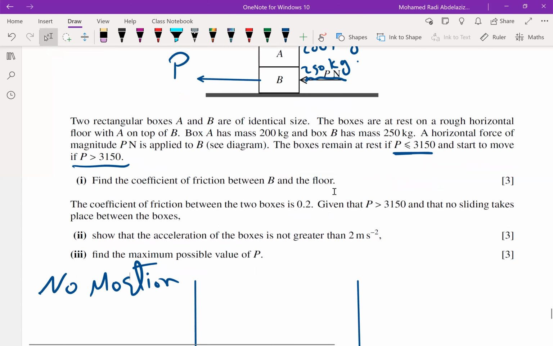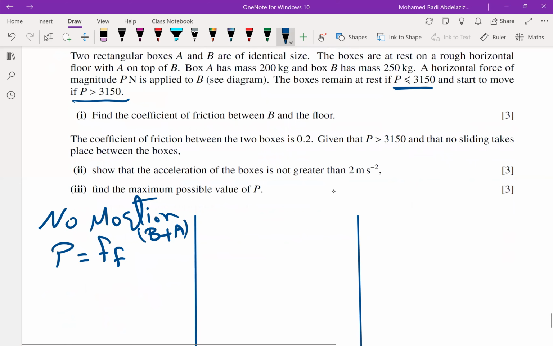When it is about to move, in limiting equilibrium, P is equal to the frictional force. Now I'm talking about B and A together: P is equal to the frictional force, and P is given the maximum value 3150.